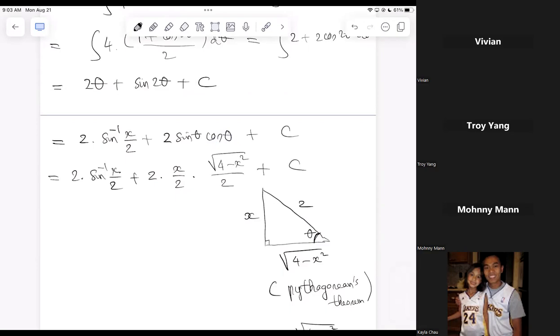So I can simplify a little bit. I get 2 times sine inverse of x over 2, plus x over 2 times the square root of 4 minus x squared, plus C. That is the final answer.